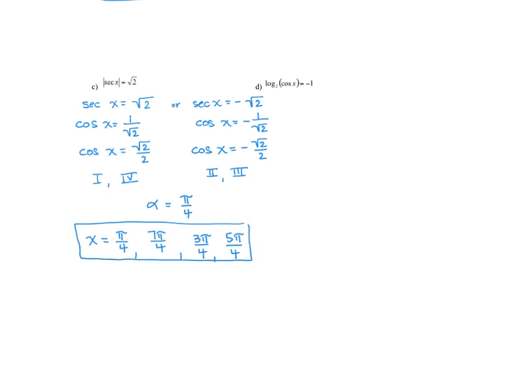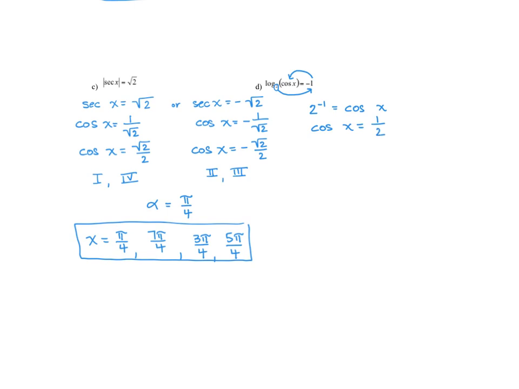And just one more. Remember to change from logarithmic form to exponential form. I start with the base, I raise to the power, and make it equal to the argument. So 2 to the negative 1 is equal to the cosine of x. Or the cosine of x is equal to 1/2.